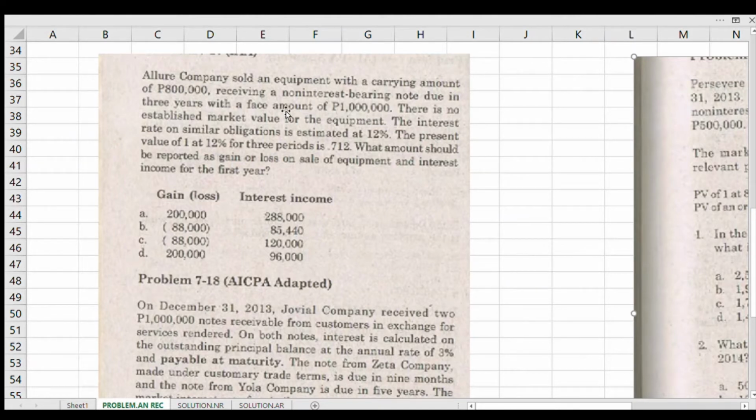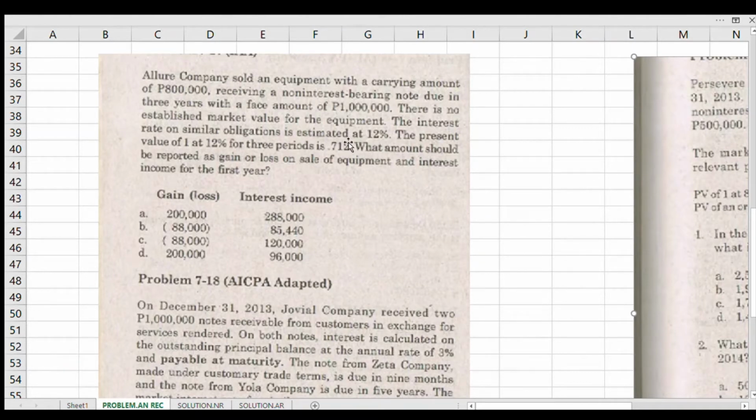Please take note of the classification of the note. This is a non-interest bearing note. So ulitin natin, we will just repeat the data. Since there was no established market value on the equipment, the best basis we can have is the present value of the note receivable.